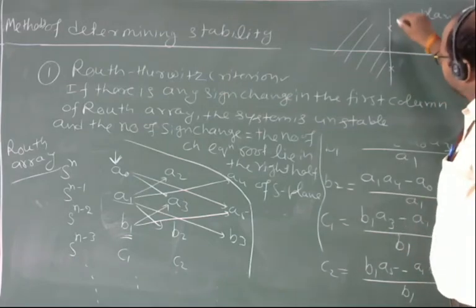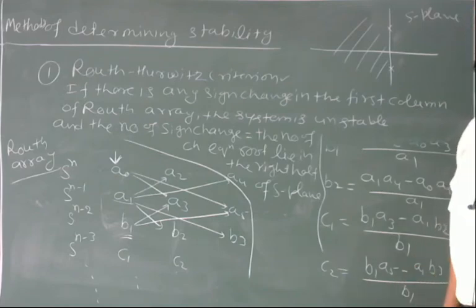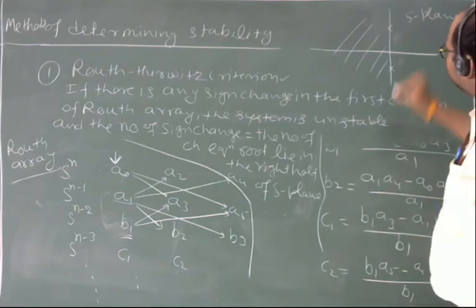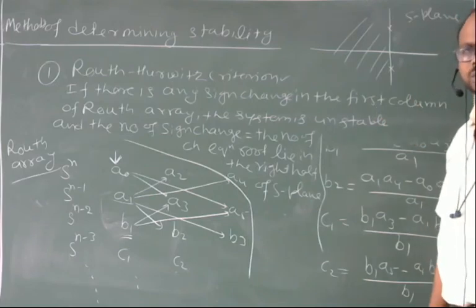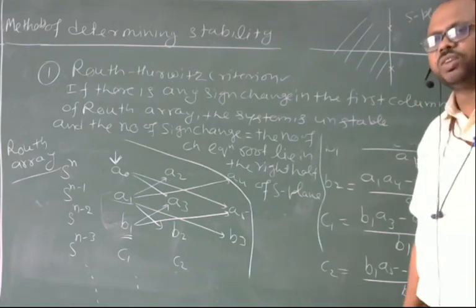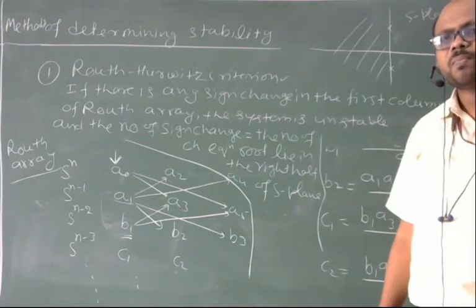So, for the system to be marginally stable, roots must lie on the imaginary axis.